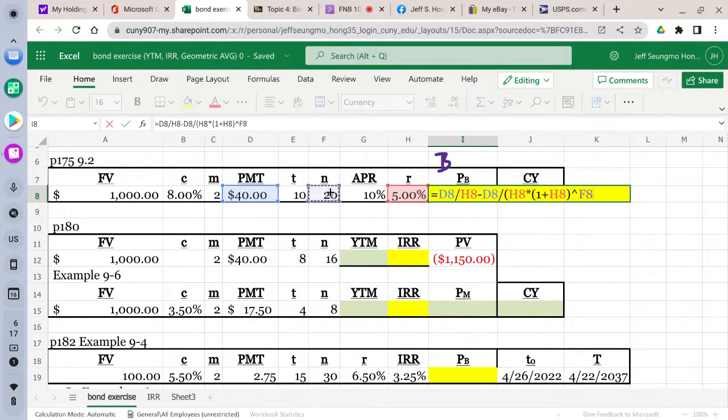In other words, this is only the present value of the coupon payments, and then plus the par value or the face value, right? The present value of that is 1 plus R raised to N.